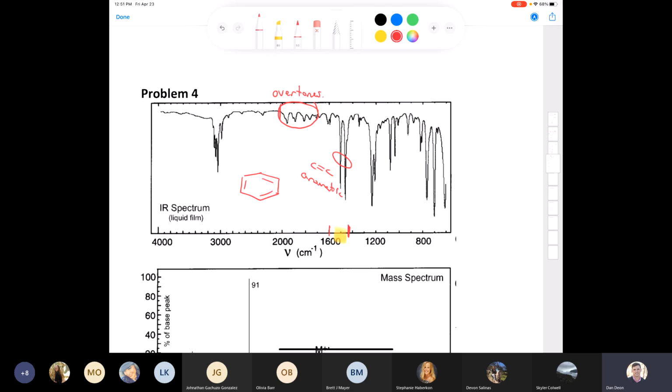If we draw this here, you could say we have some sp2 hybridized carbon-hydrogen bonds from our aromatic ring.